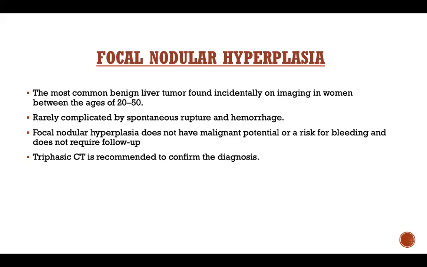Diagnosis by triphasic CT scan is recommended to diagnose or differentiate all types of liver masses. Okay, triphasic CT scan means CT scan with the arterial phase contrast, portal venous phase contrast, and delayed phase contrast.